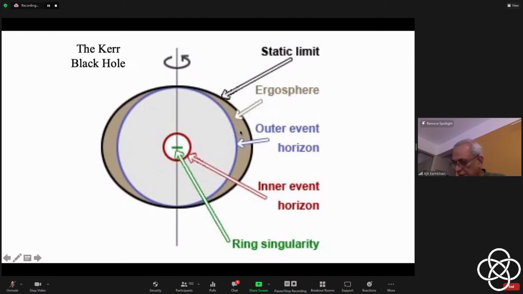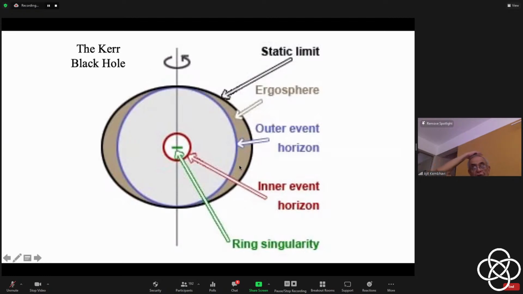When you enter the static limit, then you are compulsorily dragged round and round. If you look at the distant stars, you find that you're going round as if you're on a merry-go-round. So you are compulsorily dragged around in these rotating frames. This region is called the ergosphere.